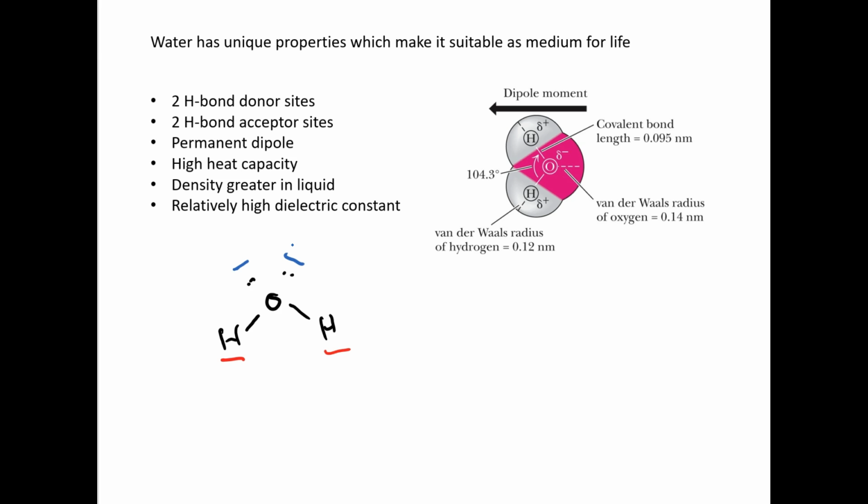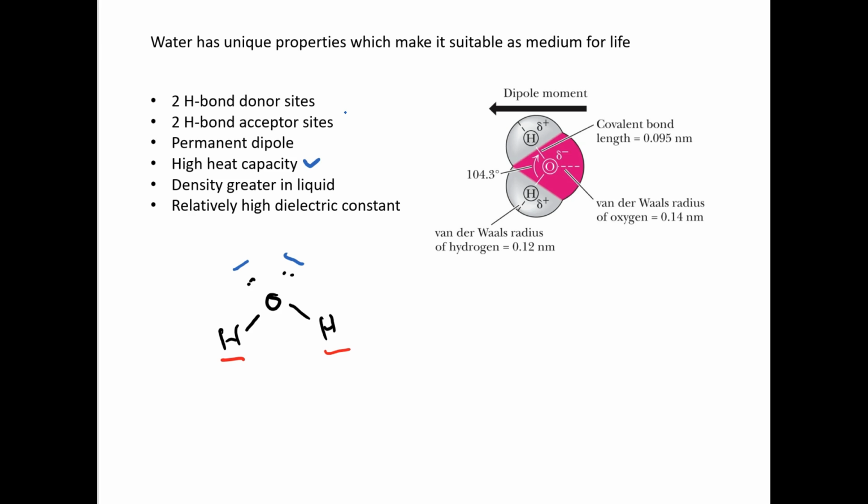And we have a nice permanent dipole. And what else is unique about water is because of its ability to hydrogen bond so commonly, it bonds with itself. And this creates a very high heat capacity. It creates an unusual density characteristic for its size.